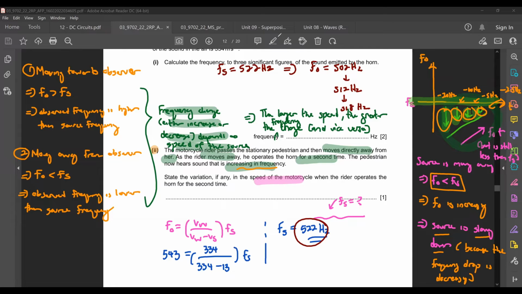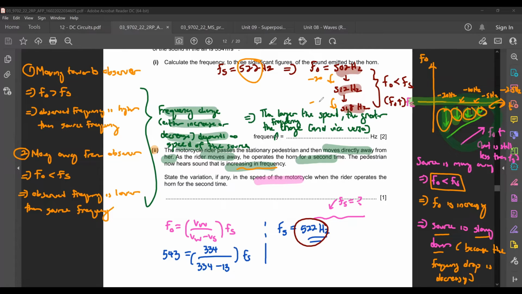So you see this one, my frequency is still less than source frequency, but the frequency observed is increasing. The frequency drop is getting less and less. This one is minus 20 with respect to my original source.